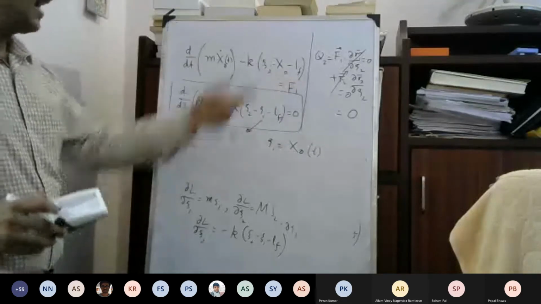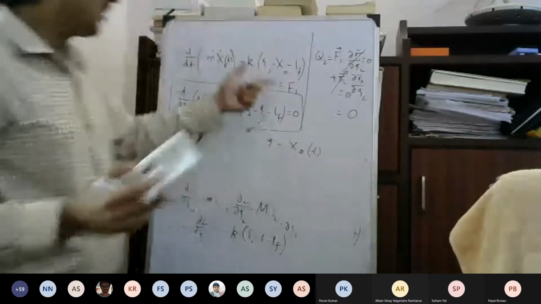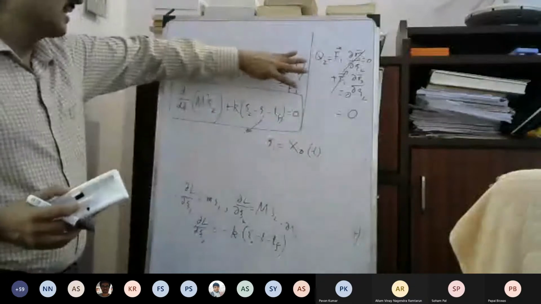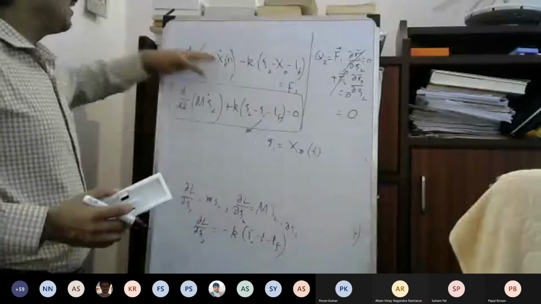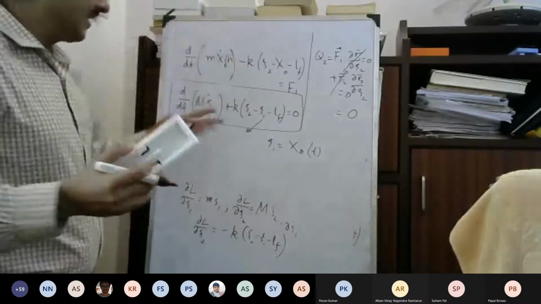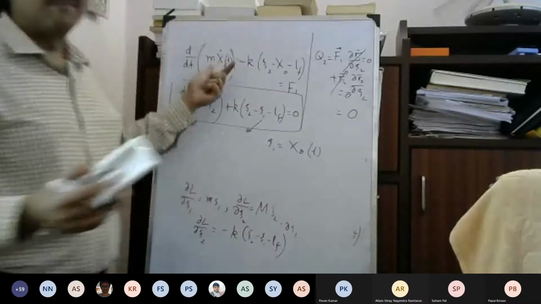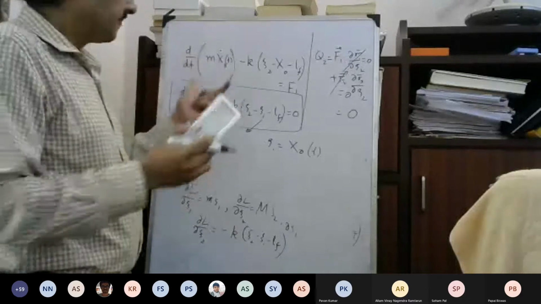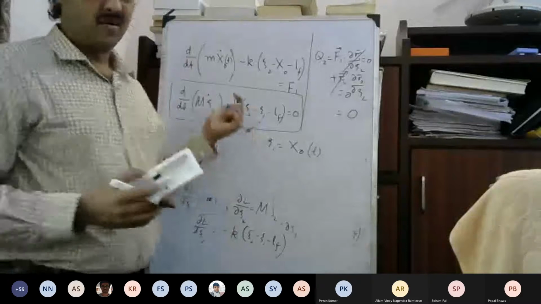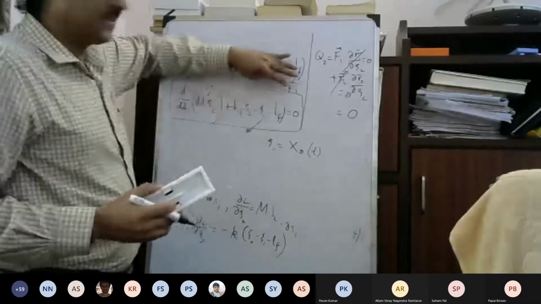And since I did not bother at the first instance what is the force required, I did not consider this term. It did not matter whether I consider the mass of the base or not, because this did not appear here.